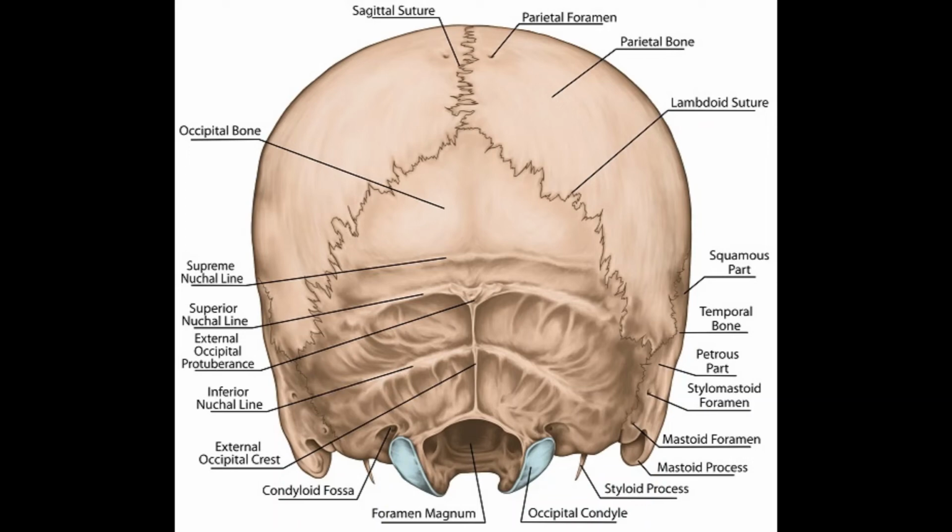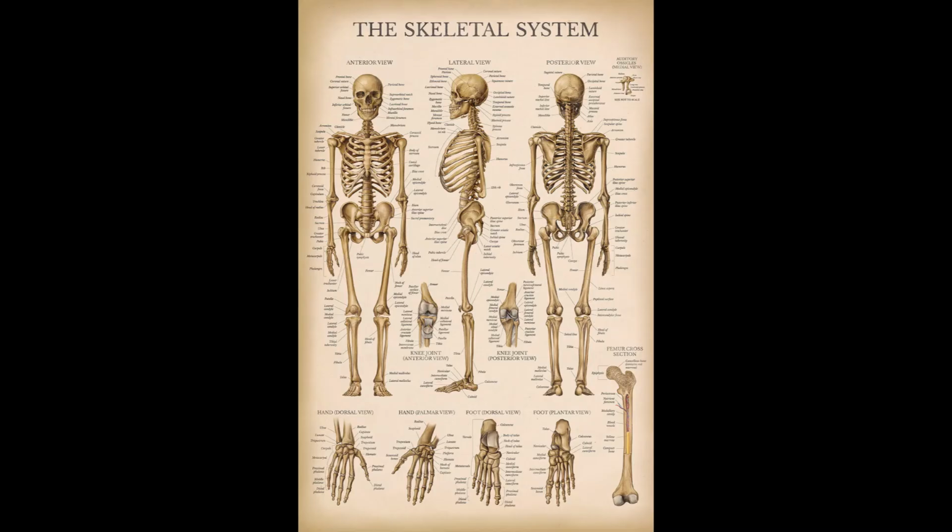There is the greater and the lesser trochanter. There are tubercles. A tubercle is a small rounded process, like the adductor tubercle of the femur. And a tuberosity. A tuberosity is a large rounded protuberance, like the tibial tuberosity.